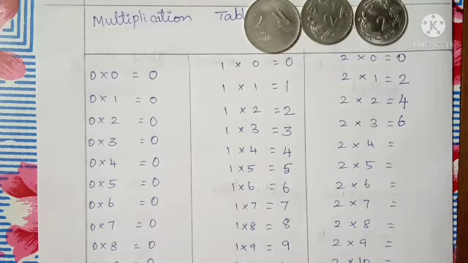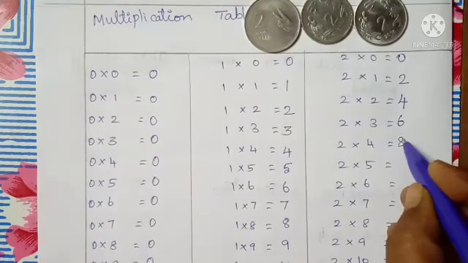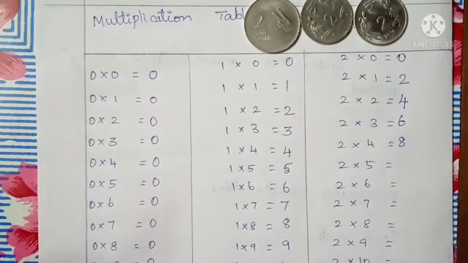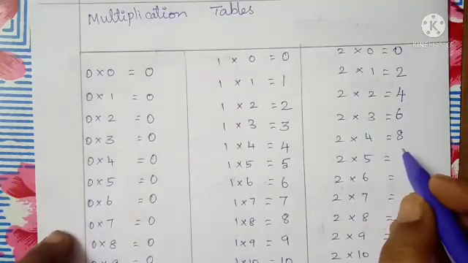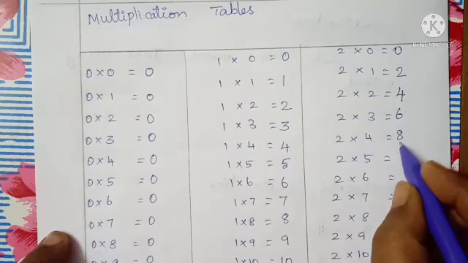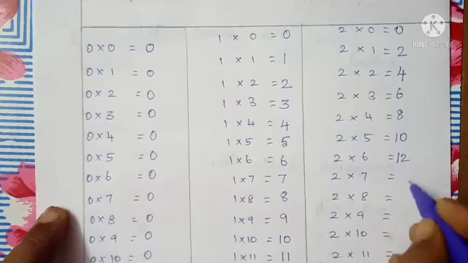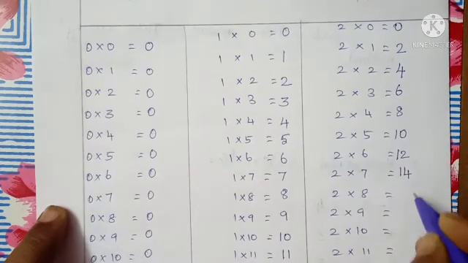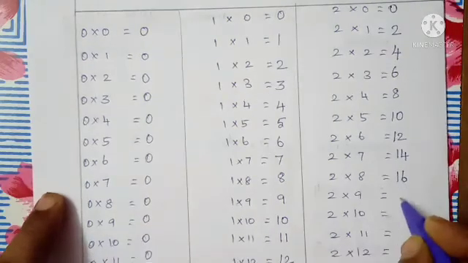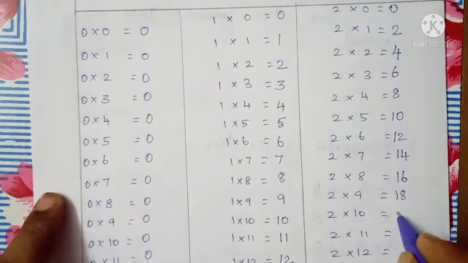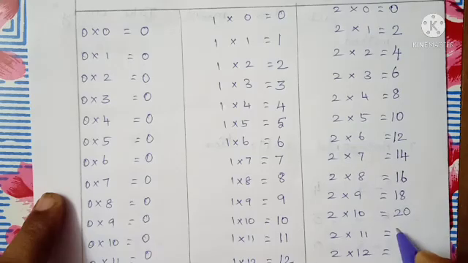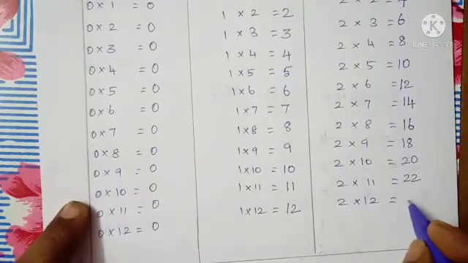It is easy to learn by skip counting. 0, 2, 4, 6, 8. 2 4s are 8, 2 5s are 10, after 8 skip count 10. 2 6s are 12, 2 7s are 14, 2 8s are 16, 2 9s are 18, 2 10s are 20, 2 11s are 22, 2 12s are 24.